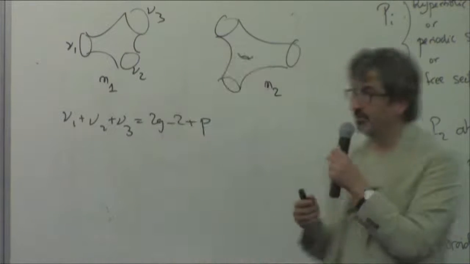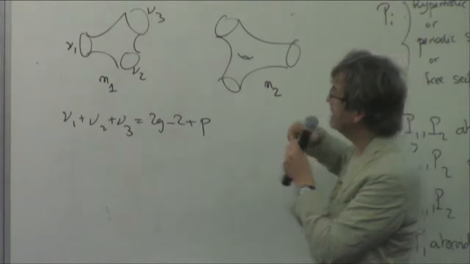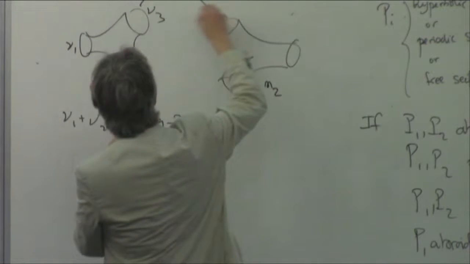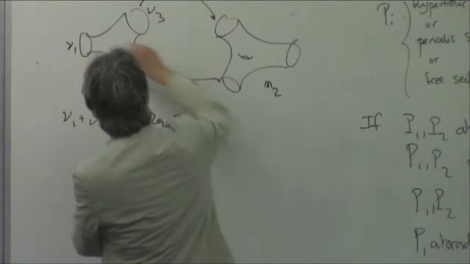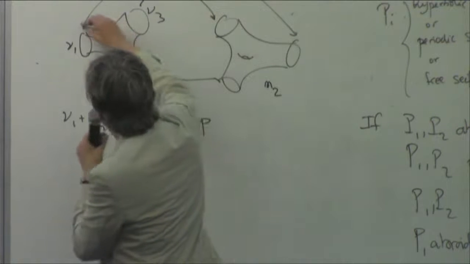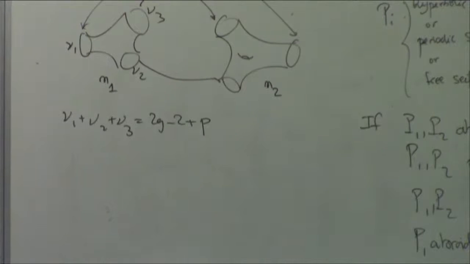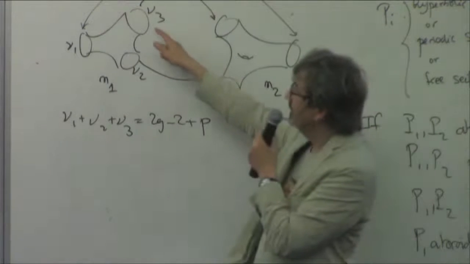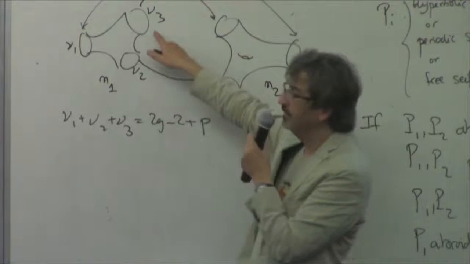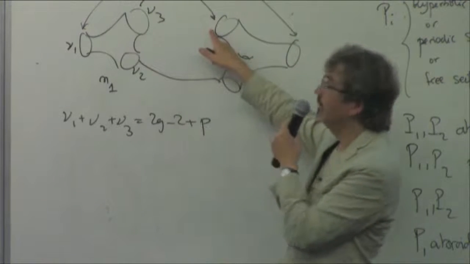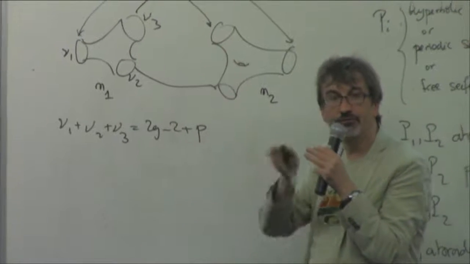And now you can try to glue, let's say, this quasi-torus to this one, and to this one. Of course, what you need is that the number of periodic orbits here has to be the same as the number of periodic orbits here, because you want to glue in a coherent way.